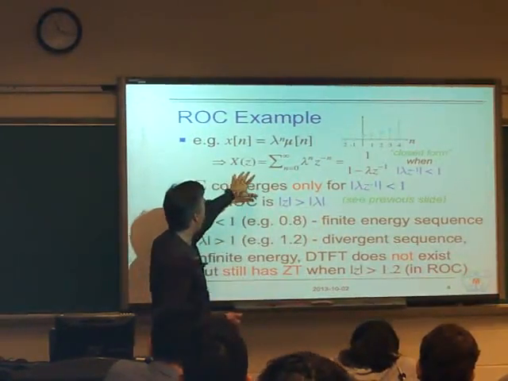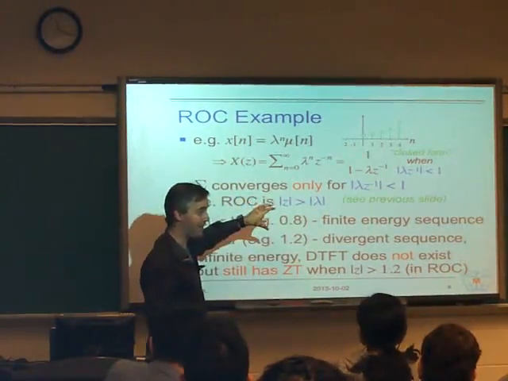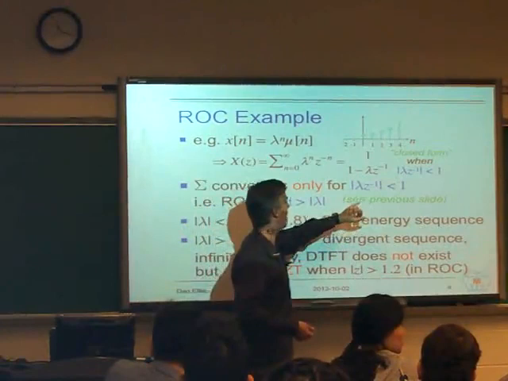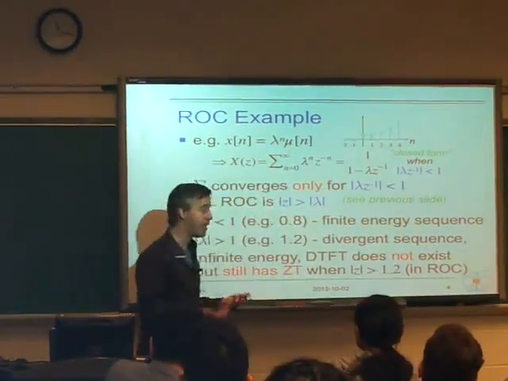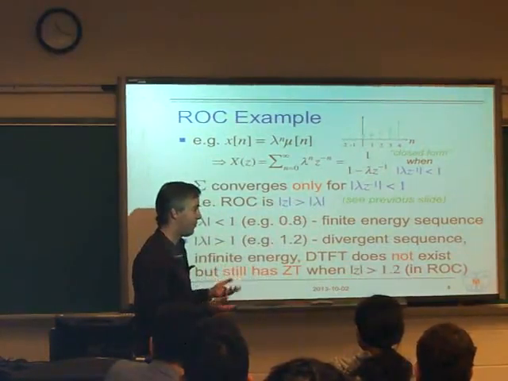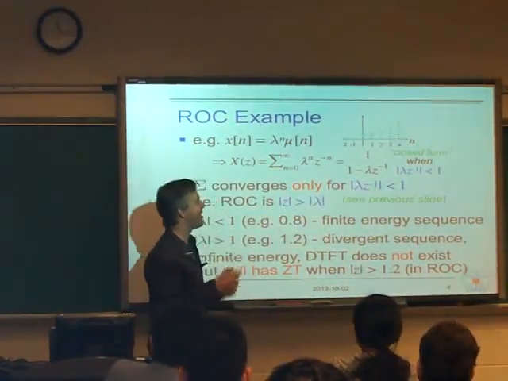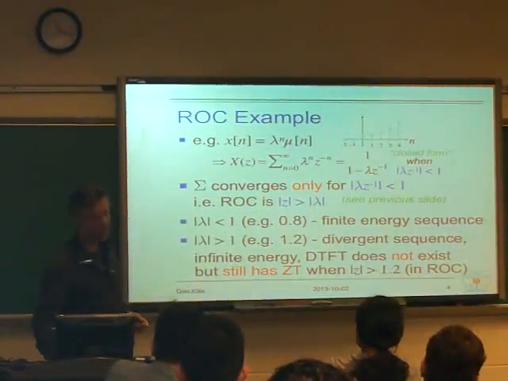So now we have this function which we can talk about, and yes, there are values of z for which it converges, the values of z that give us lambda z to the minus 1 smaller than 1, and values of z for which it doesn't converge, where it blows up and gives you very large, unstable values. And they're the ones where z is smaller.